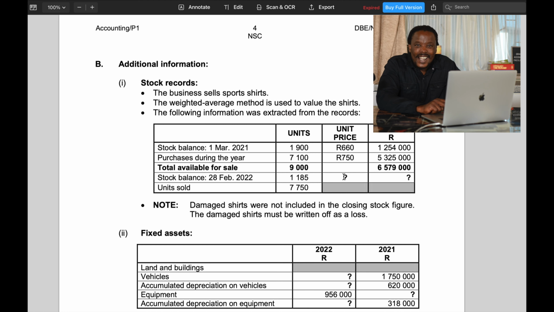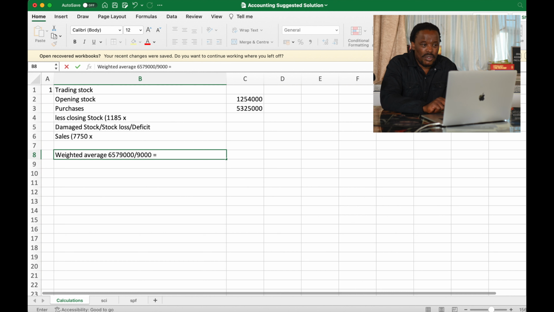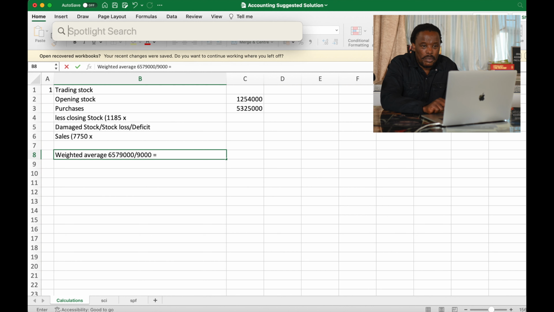How do they sell these units? What do they use to sell these units? Say, okay, we have 9,000 available for sale, and the total of that is 6579 million. 6579 million divided by 9,000. That is why I said to you, in some instances I'll be using a calculator.